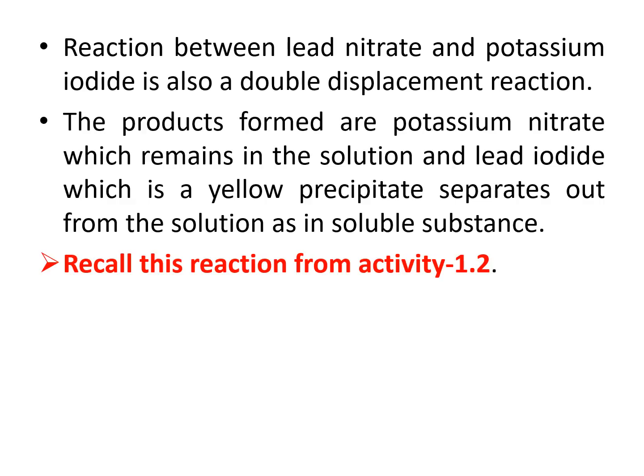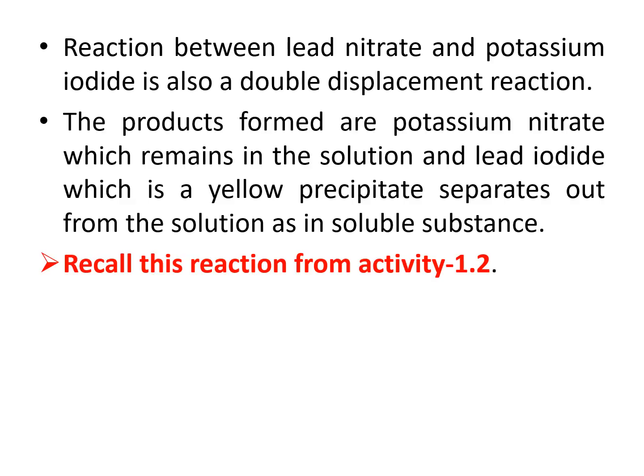There's another example of a double displacement reaction: the reaction between lead nitrate and potassium iodide. When we take lead nitrate solution and potassium iodide solution, both are colorless solutions. When we mix lead nitrate solution with potassium iodide solution, a yellow color precipitate is formed, and the other product is potassium nitrate, which remains in the solution.